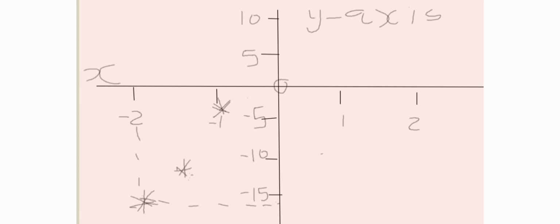Where is 1 on the y-axis? Minus 0.5 on 1. So 1 should be somewhere here. So I'm going to put it here exactly. No, let me go back. Let me do it again.